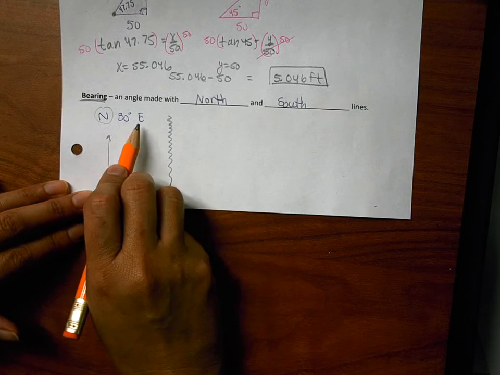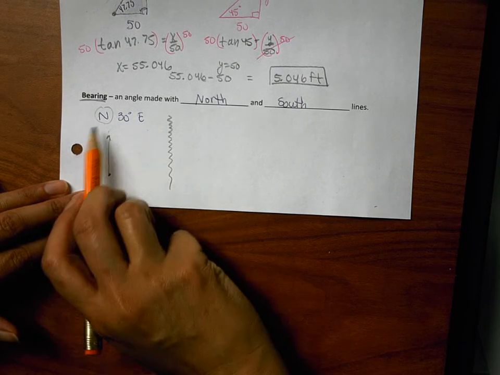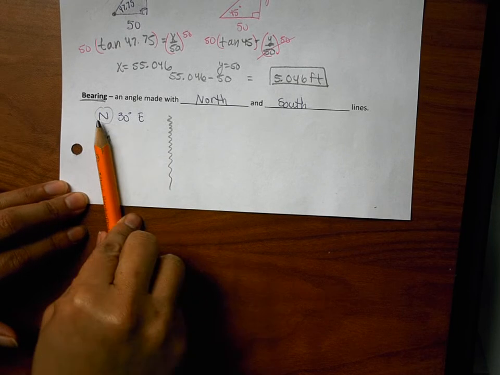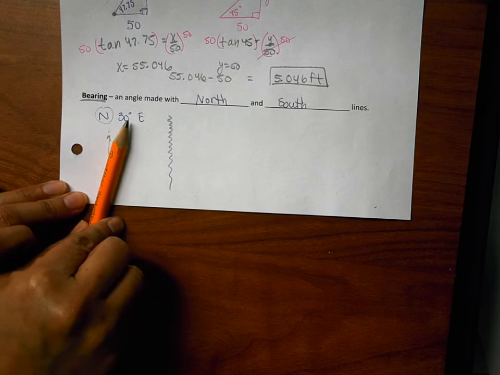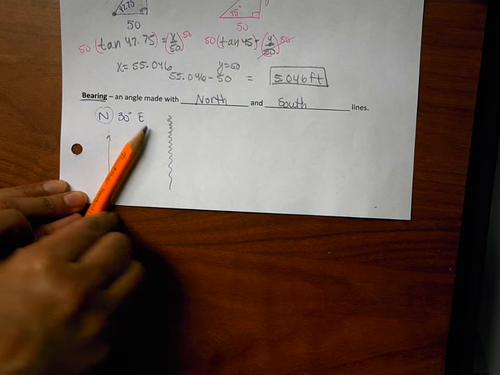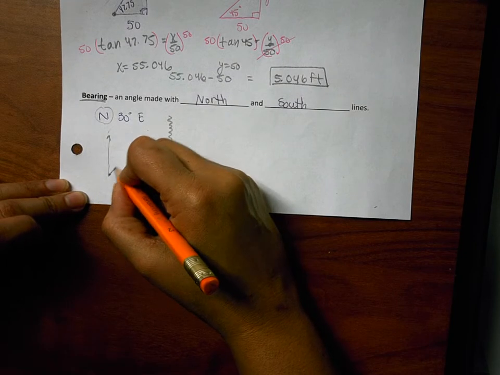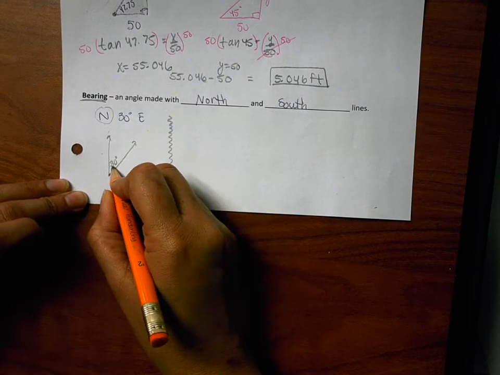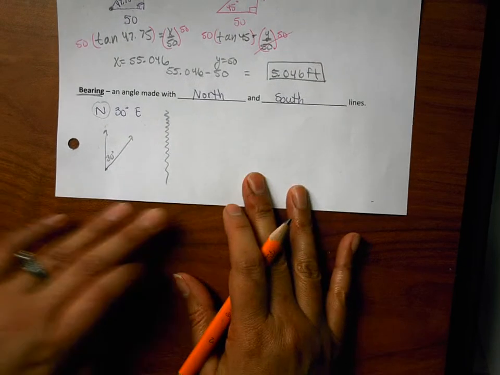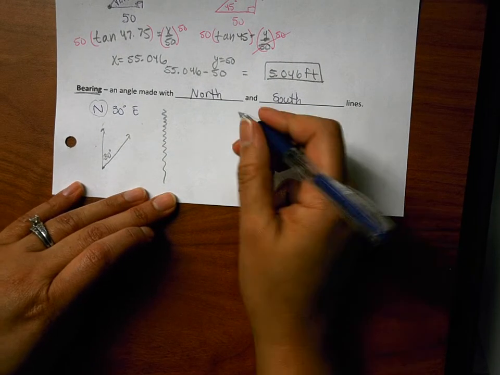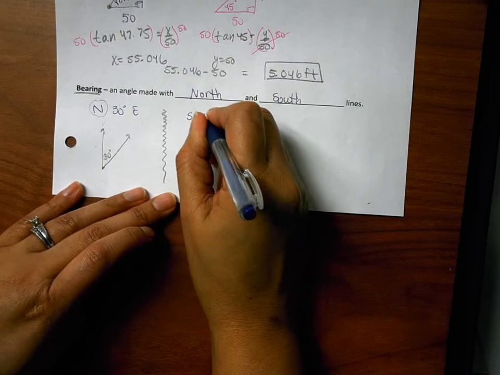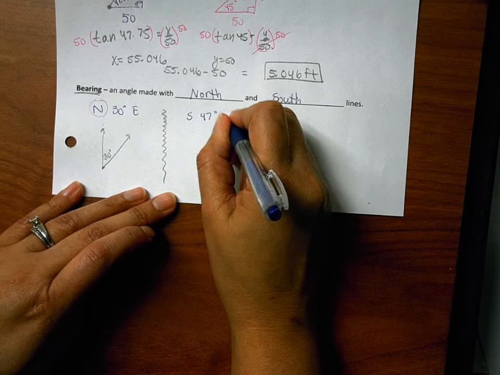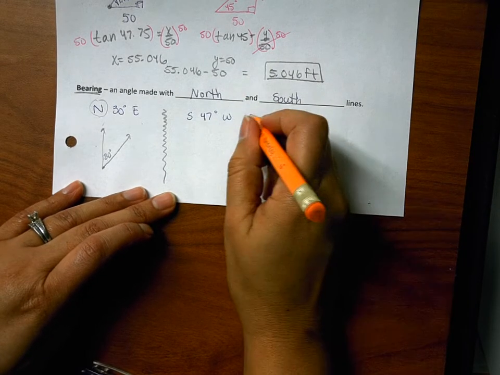Picture this little dot is where it's going to swing from, 30 degrees east. Would I swing to the right or to the left for east? East is to the right, so how far do I swing to the right? 30 degrees. So you approximate going 30 degrees this way and make a line. And that's north, 30 degrees east.